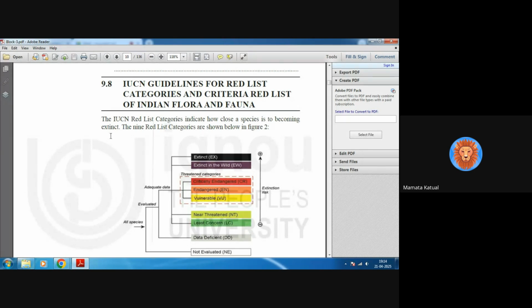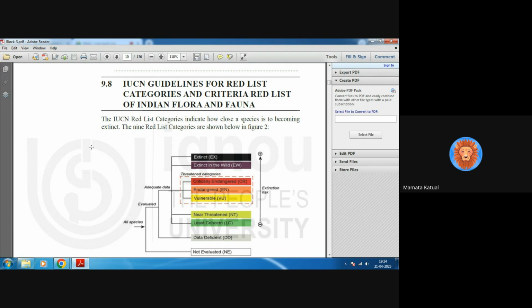So the red list indicates how close a species is to becoming extinct. Below extinct you can find extinct in the wild. Then below that critically endangered, below that endangered, below that vulnerable, below that near threatened, below that least concern.